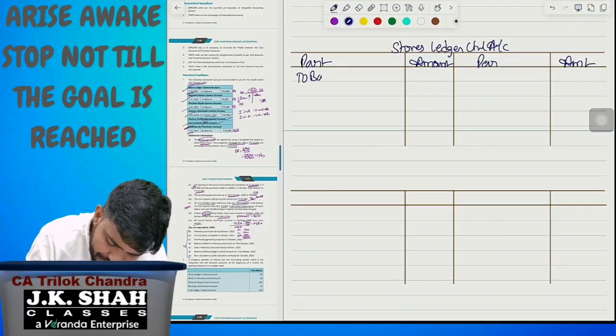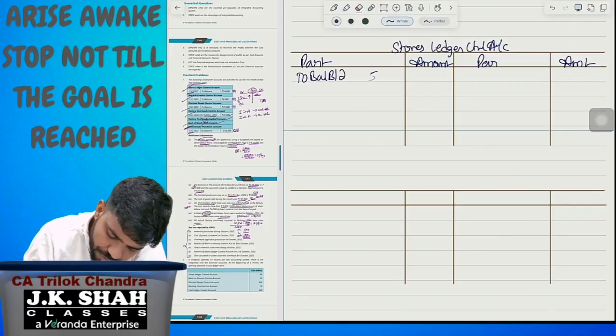I'll write to balance brought down, debit balance 54,000.